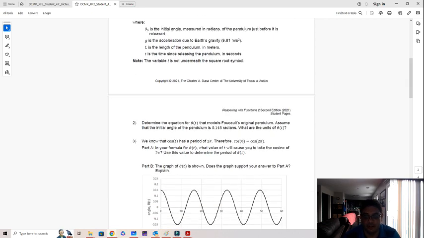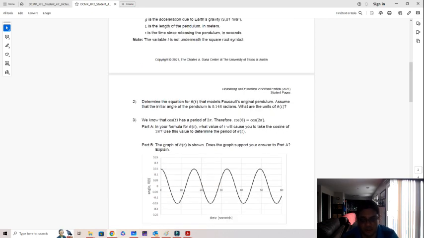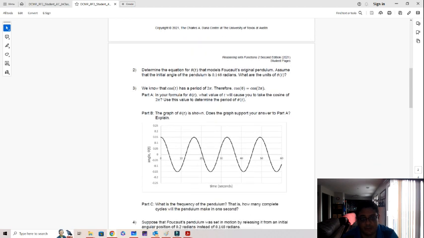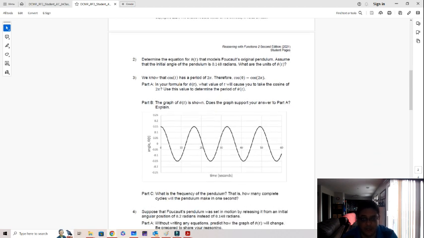Okay? So there is a discussion here that you need to go through when it says, well, we know that cosine of t has a period of 2 pi. So since we have a different formula here, what value of t will cause you to take the cosine of 2 pi?